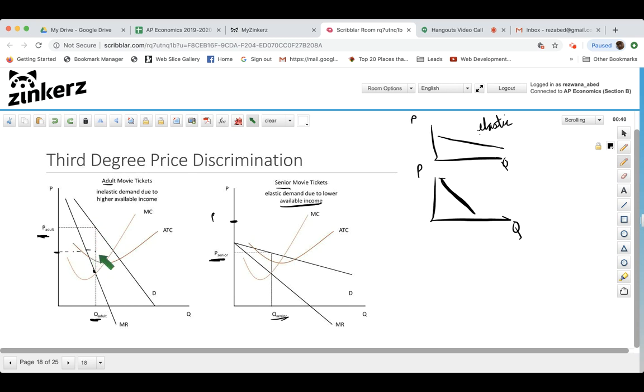So before, the profit would be all of this. And now if you charge a senior price, your profit would essentially be only this box. So you are actually losing money.